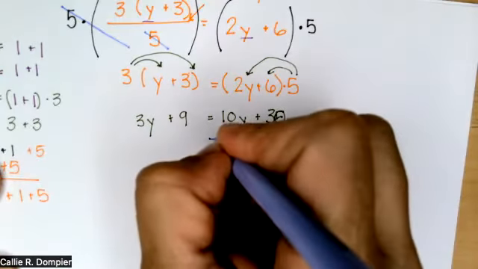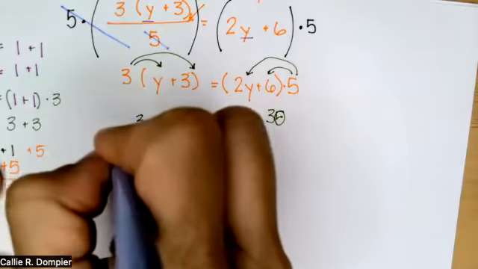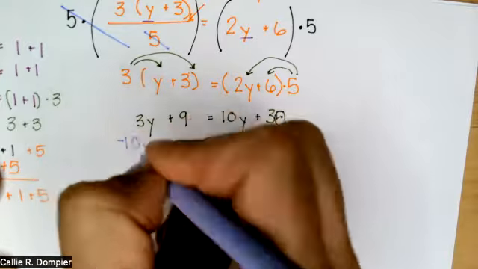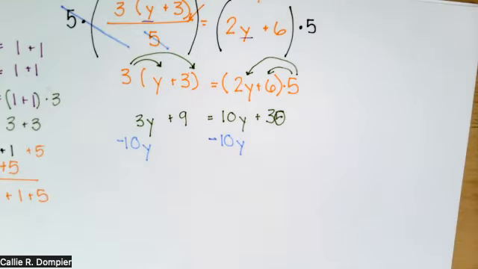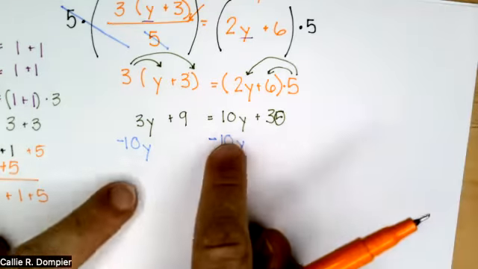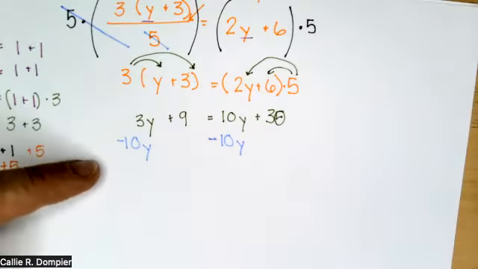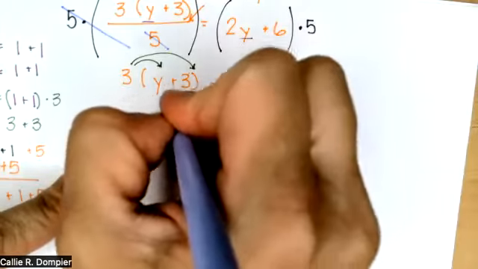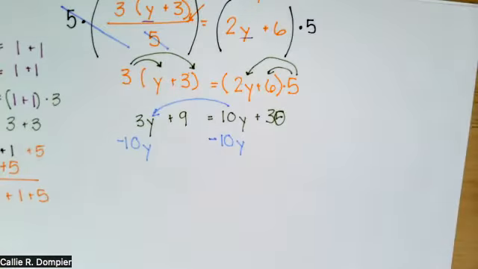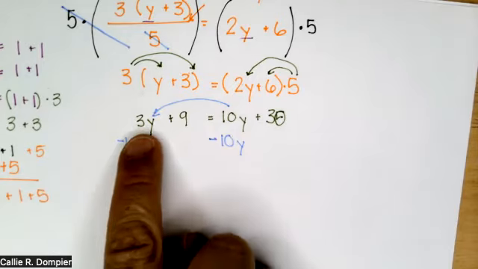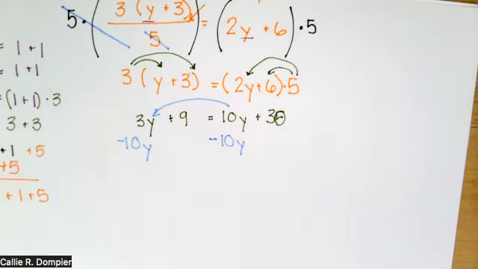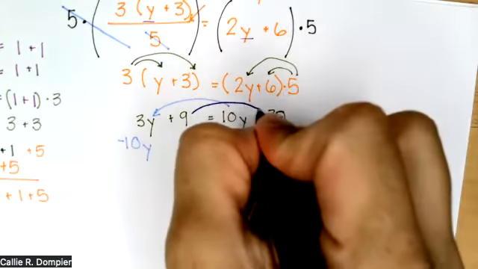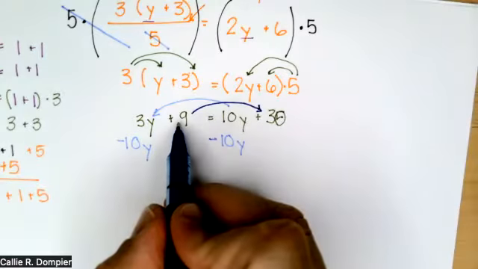I will subtract the 10y from both sides, and I'm going to subtract the 9 from both sides, right? Because I've decided if I move the 10y, that means I'm moving all the y's over here, right? So if I've decided to move the y's over here, that means I'm going to take my constants and move them to the other side. Okay, so that's a positive 9.